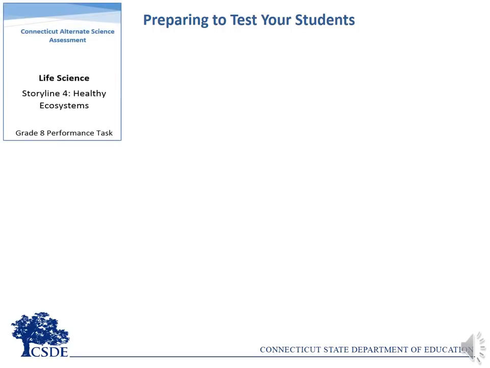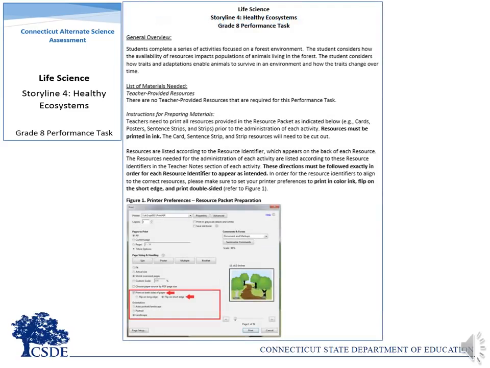For example, we will use the Life Science Storyline 4, Healthy Ecosystems, Grade A Performance Task, as a model representing the structure of each storyline and associated performance task. First, notice that the cover page is used to identify the content area, storyline number, storyline name, and grade level performance task.